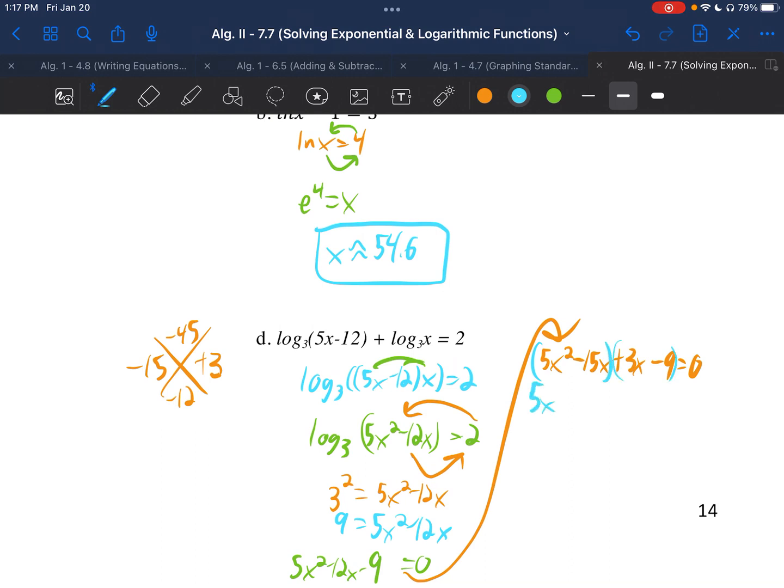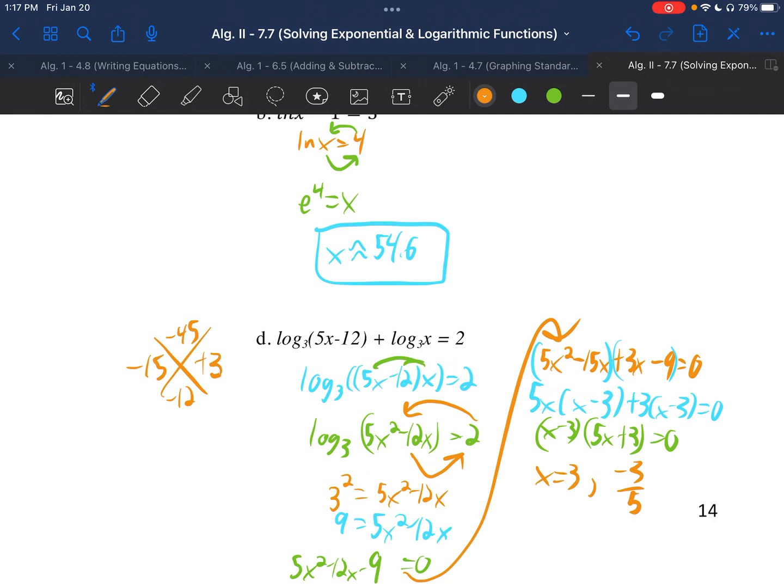First two, 5x is what it has in common, and we're left with x minus 3. Second two, positive 3, and we're left with x minus 3. Now those are the same, and you're left with 5x plus 3 equals 0. Set those equations equal to 0, and solving them gives you x equals 3 as well as negative 3/5.